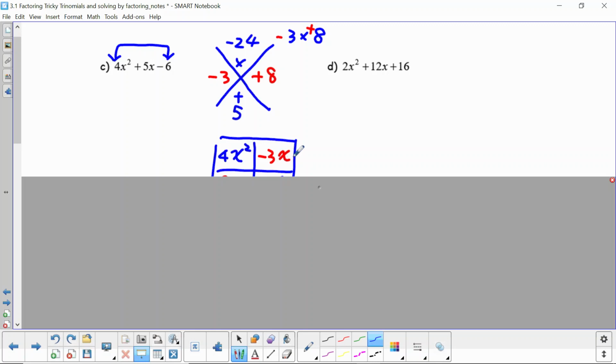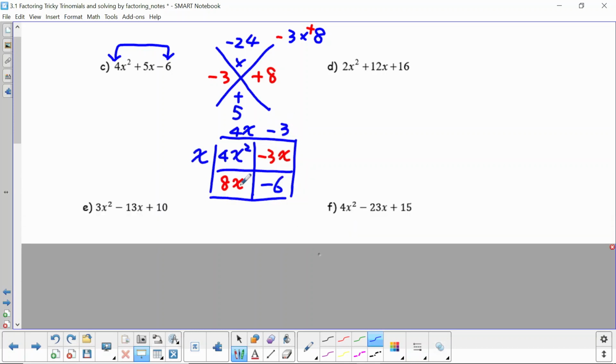X squared, x, lowest degree is x. Then do the division. 4x squared divided by x gives you 4x. Negative 3x divided by x is negative 3. Then 8x divided by 4x gives you 2. Check: negative 6 divided by negative 3 is 2, so it's correct.